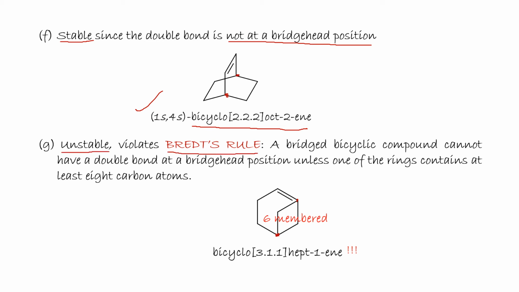Bredt's rule. A bridged bicyclo compound cannot have a double bond at a bridgehead position unless the ring contains at least 8 carbon atoms.